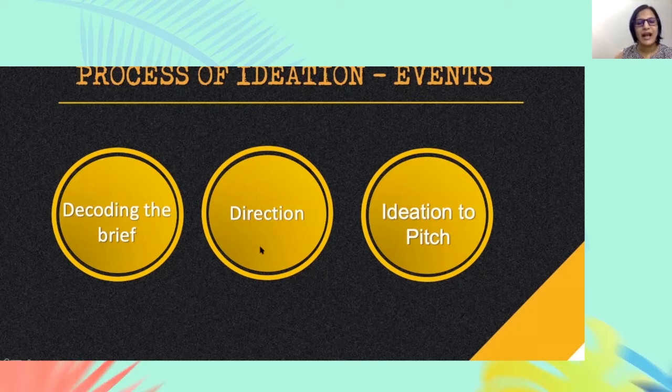And once you get the line of thinking, you'll be able to ideate a central theme or the big idea, which you can develop into a pitch presentation. So this is typically what the process of event ideation is inclusive of. So we look at each of these one by one. Don't worry, I'm going to take you through these and make sure that you understand them.